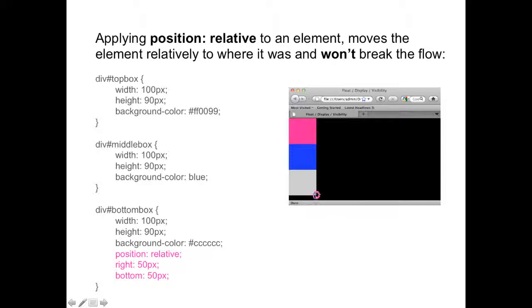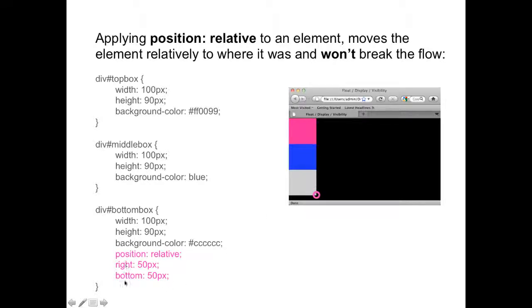It's currently right here. And the reason why I look at this point and not the top left corner this time is because we are applying a right and bottom. So what we do is we look at the right bottom point, and that's where the box moves from.